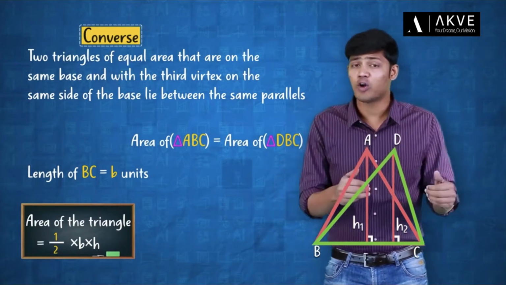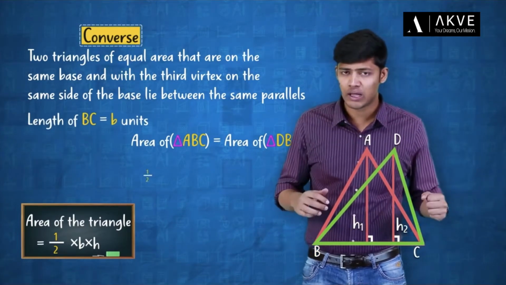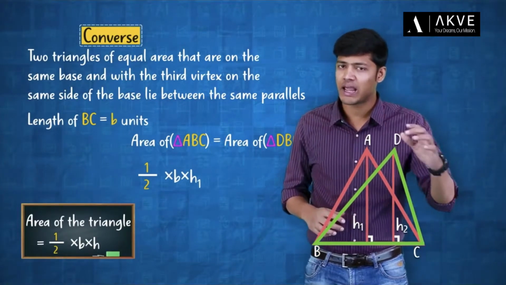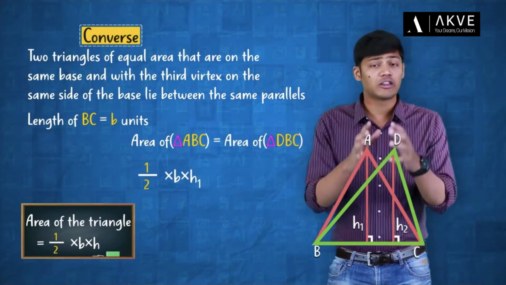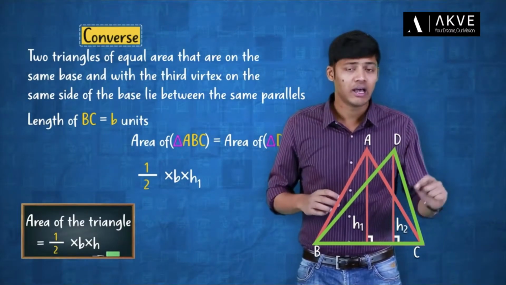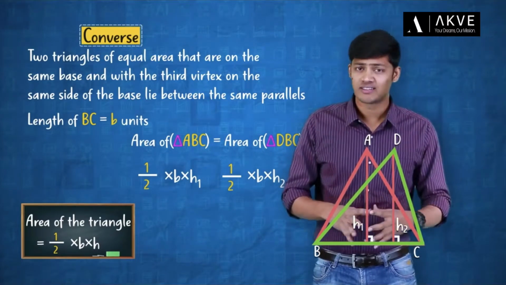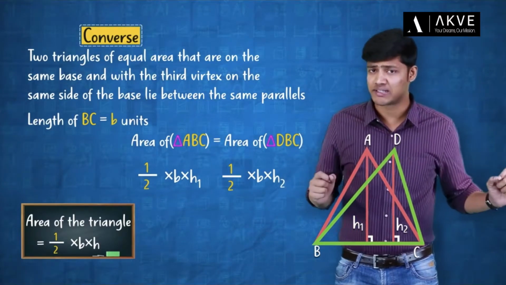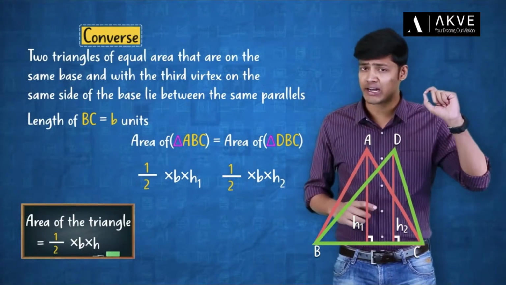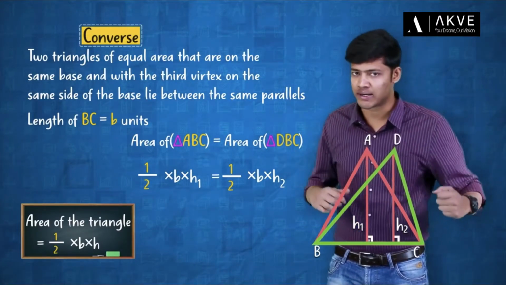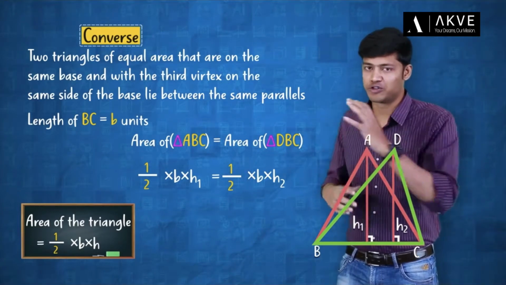So, the area of the triangle ABC will be half multiplied by B multiplied by H1, and the area of the triangle DBC is half multiplied by B multiplied by H2. Since the area of the triangle ABC is equal to the area of the triangle DBC, we can equate half B H1 and half B H2.